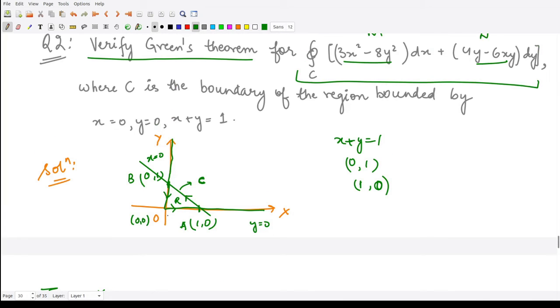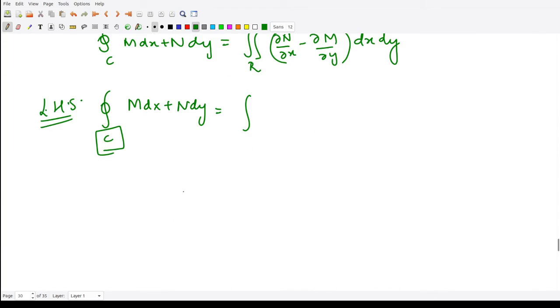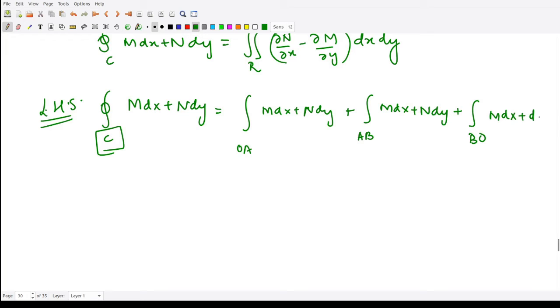Here we have 3 straight lines: from the point O to the point A, then from point A to the point B, and then from the point B to the point O, right? So in our case, it is OA plus AB plus BO.